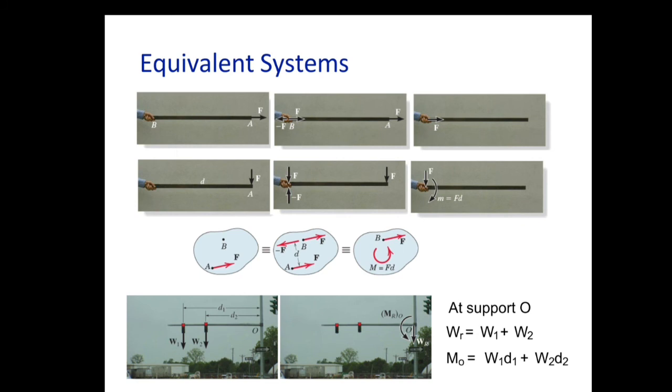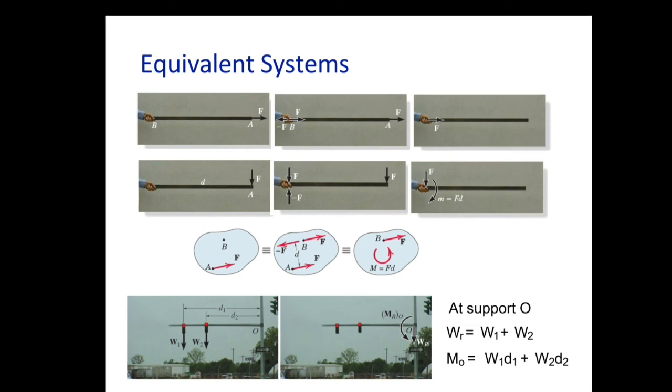For example, you can see in the left side figure, at the signal point there are two signals having weights W1 and W2 at distances of D1 and D2 apart from this junction point O. To provide equal and opposite effect at O, there should be a resultant force WR applied. That WR should be equal to the equivalent of W1 and W2, that is WR equals W1 plus W2.